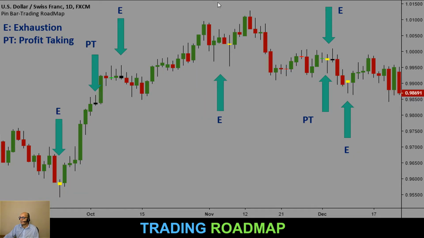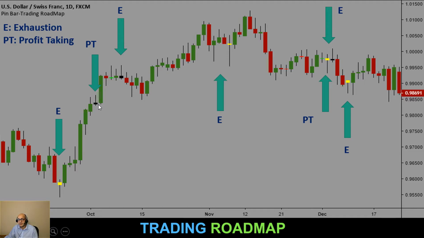I'll show you this now. As we mentioned before, E here is for exhaustion, and PT is for profit taking. Let's start from the left side. We have this pin bar here, and it represents exhaustion of the previous trend, and then we went up, then we got this one.